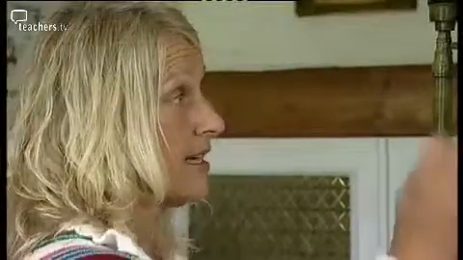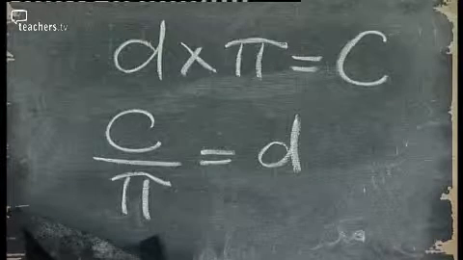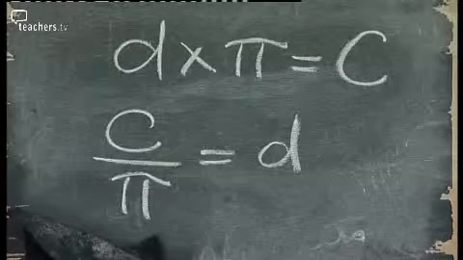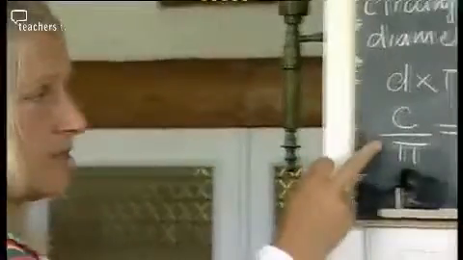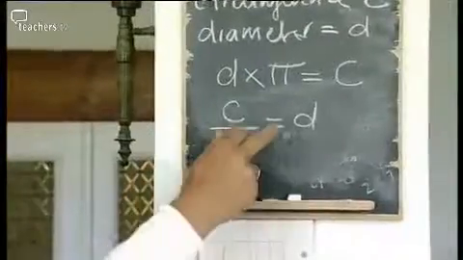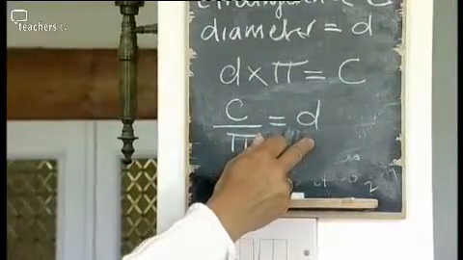Now we've got two ways that we can calculate either the diameter or the circumference. If I know the diameter, I can multiply it by pi, this number which is about 3, to get the circumference. If I have the circumference, I can divide it by pi to find the length of the diameter.